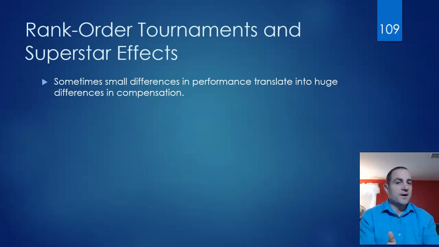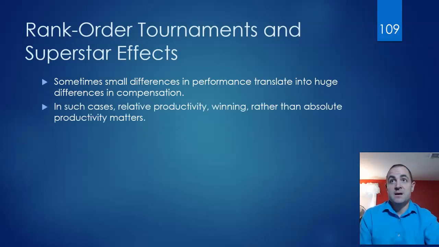But if you go all the way up, still just advancing one more level, from the runner-up, second place, to first place, the difference was about $1.8 million. In these cases, it's relative productivity, which is winning, that is more important than absolute productivity.